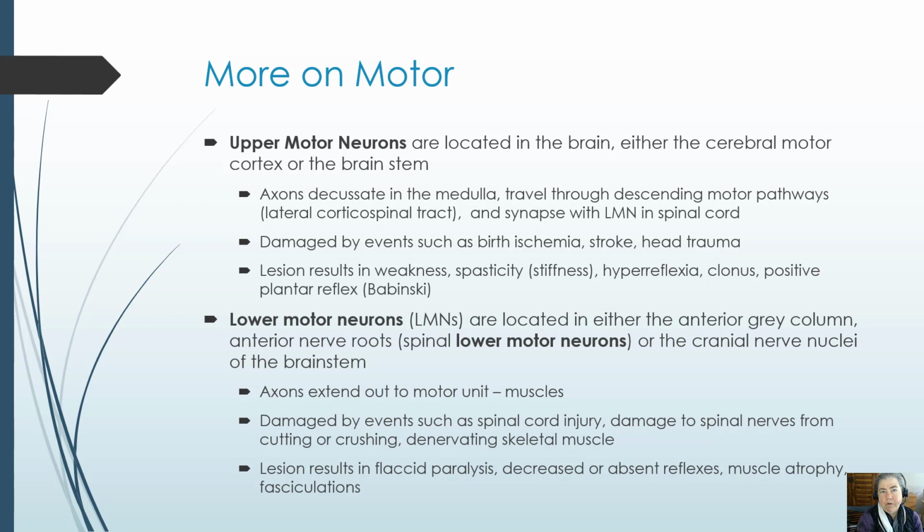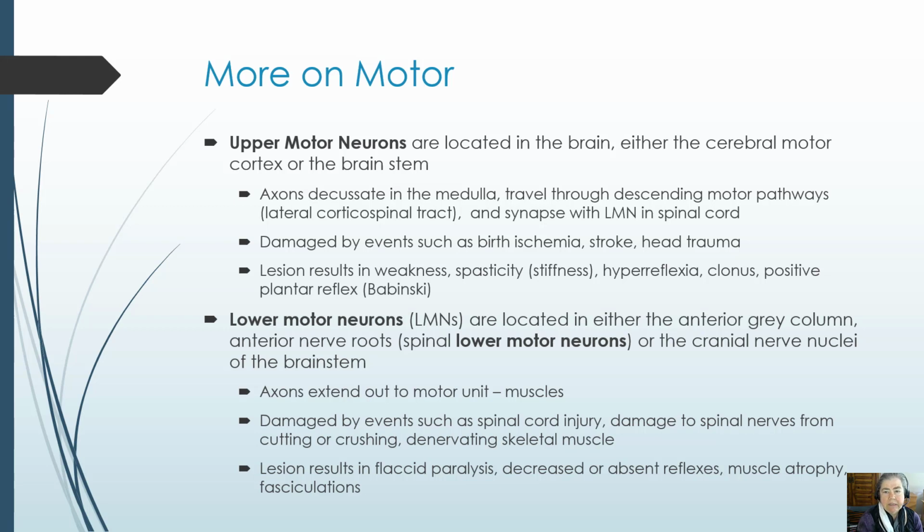There are upper motor neurons that are located in the brain, either in the cerebral motor cortex for most of the body, or in the brainstem for the motor function of cranial nerves, like the seventh cranial nerve that moves the face, and other cranial nerves that have to do with movement of the pharynx and the tongue.